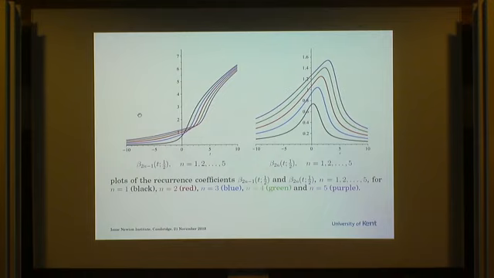Very similar to the Freud weight, the recurrence coefficients have a similar kind of pattern. They differ between even and odd, but this growth here is now like a multiple of the square root of n rather than n, and they also have this behavior here as well.